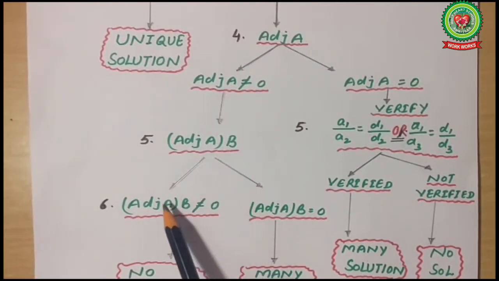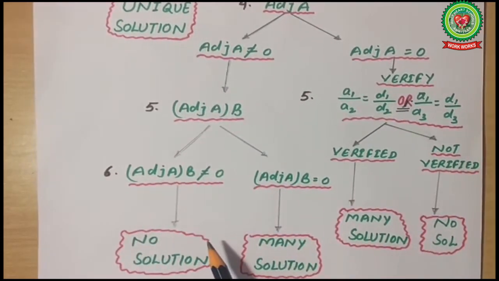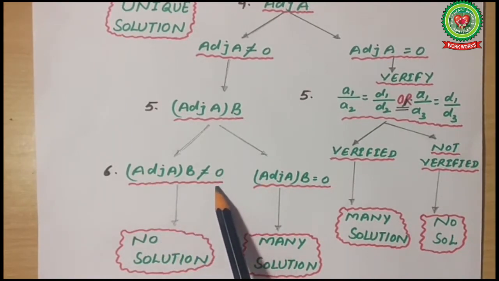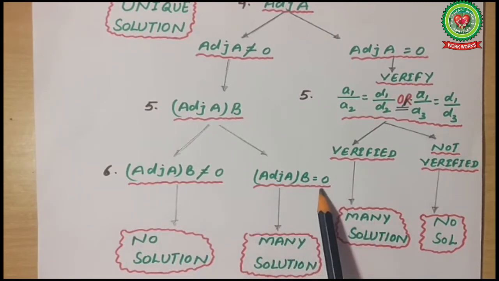Either adjoint A into B is not equal to 0, or it is equal to 0. Now you will get the type of solutions. If adjoint A into B is not equal to 0, the type of solution is no solution. And if adjoint A into B is equal to 0, then the type of solution is many solutions.